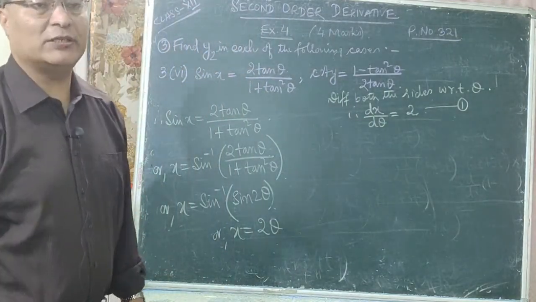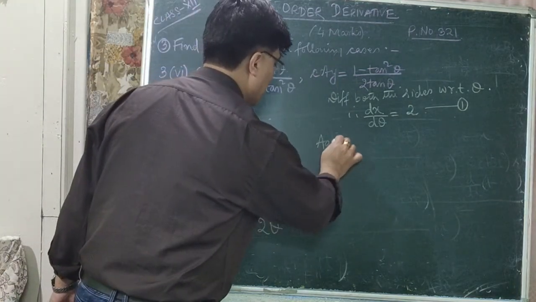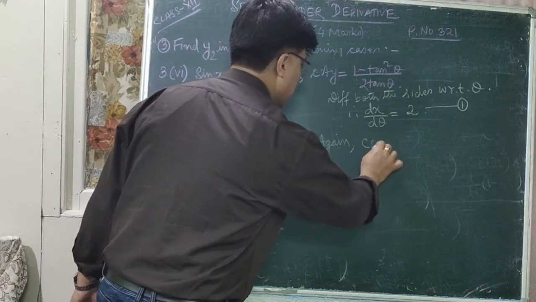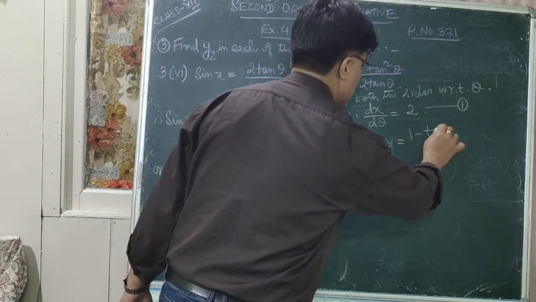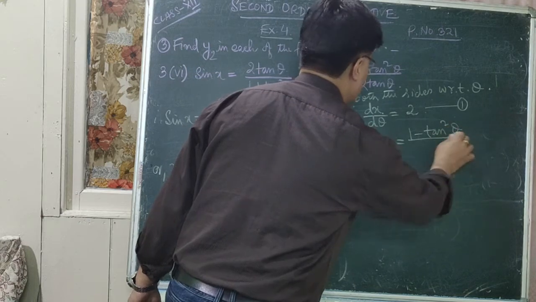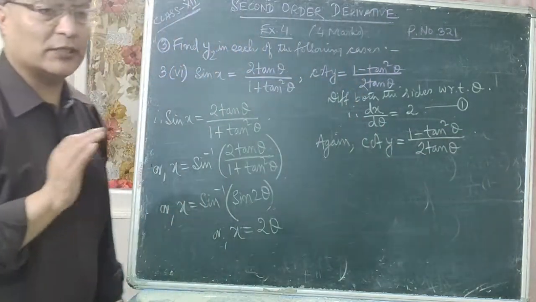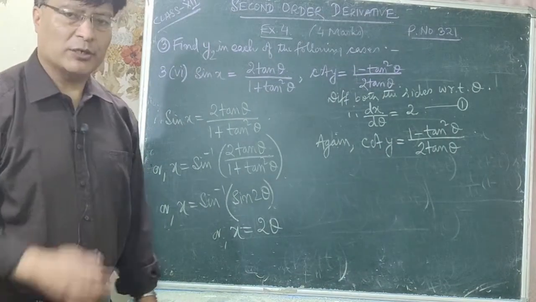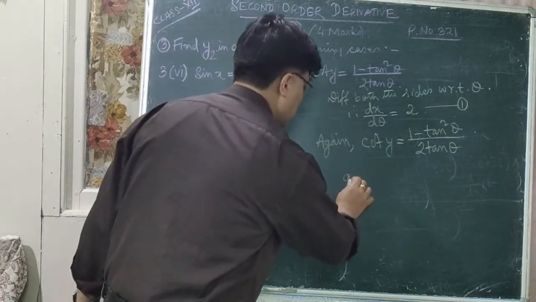Again you have to find out dy by d theta from the second given equation. Again what is cot y in this case? So it is cot y is equal to 1 minus tan square theta divided by 2 tan theta. Okay. So let us convert this cot into tan, because we know the formula for tan, isn't it? So what is cot in terms of tan?